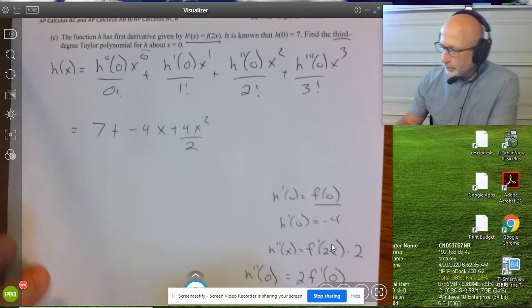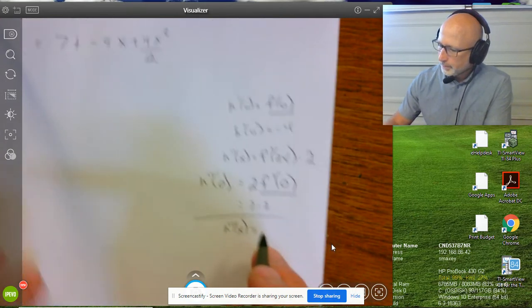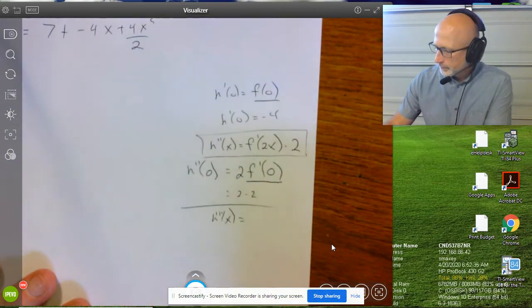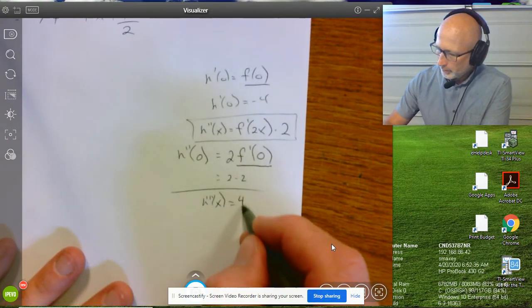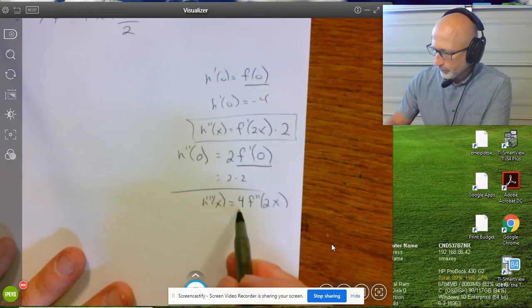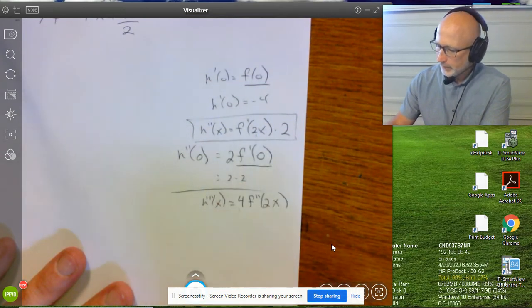And then I just have to do the third derivative. So h triple prime of x is equal to, here is the second derivative right here, so the third derivative is going to be 4 times f double prime of 2x. Where did the 4 come from? When you take the derivative of this, by the chain rule, it's going to pop out, so 2 times the 2 gives you the 4.